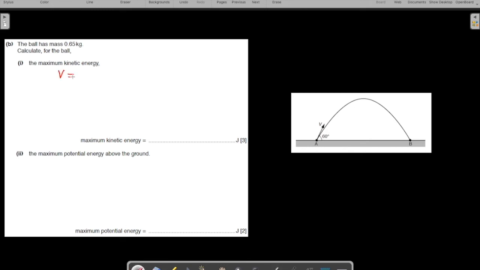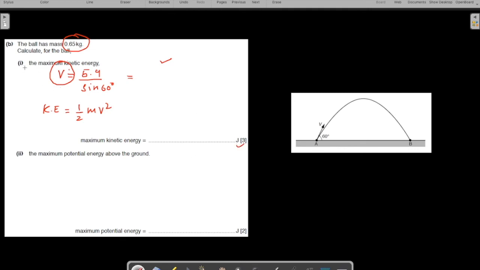Initial velocity was 5.9 over sine 60 degrees. Calculate it in your calculator. You should get the value of V and then use the formula for the kinetic energy, which is half mv square. Mass is given to you. Velocity you will calculate from here. You will get your answer.